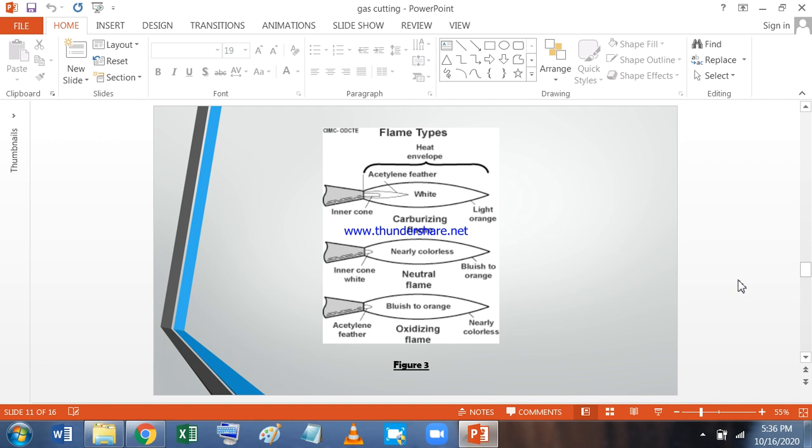The acetylene cone is there, and the outside is nearly colorless. Expert welders know these colors very well, and this has to be understood practically by controlling the two flow control valves to increase oxygen or increase acetylene and obtain these three colors of the flames.